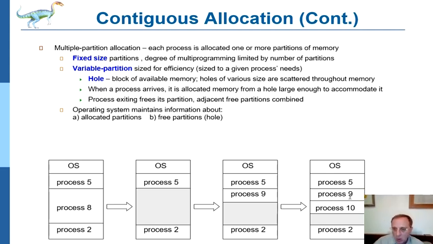So now we've got a hole between 5 and 10, and another hole between 10 and 2. Now, if a process comes that needs a space that's a bit bigger than either of those holes, those gaps, then we can't put it in, but it's kind of frustrating because we actually have that space. There is that space, it's what's called fragmented.